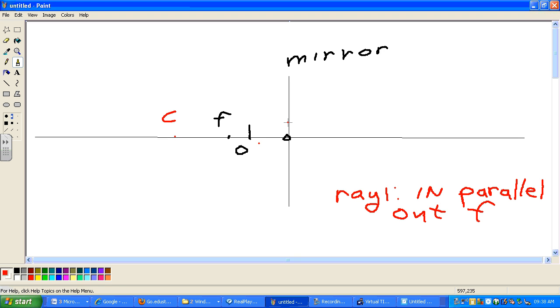It's going to get right about here, same height as the object. And then it's going to end up going out through the focal point.